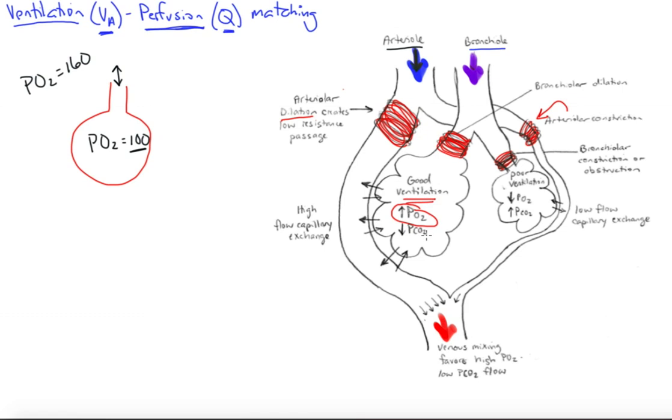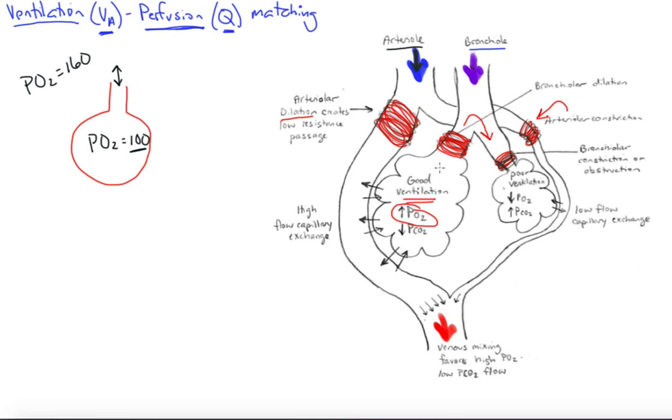Now, having said that, does it make sense if this is really well ventilated, right? If we can't actually send enough blood flow here, what we may want to do is actually constrict this a bit, and sort of shunt some of that airflow from here over to here, by changing the resistance.